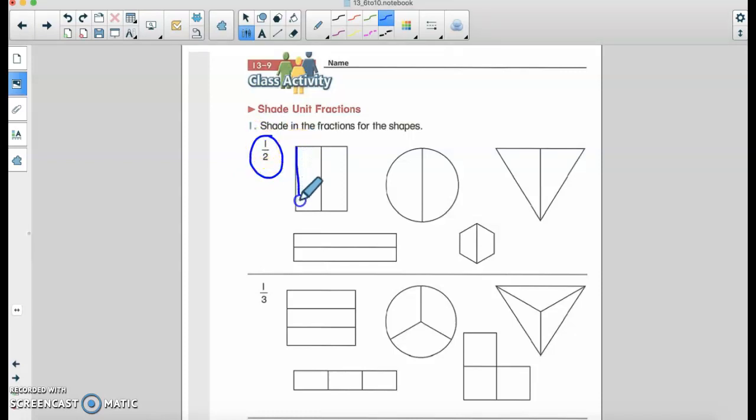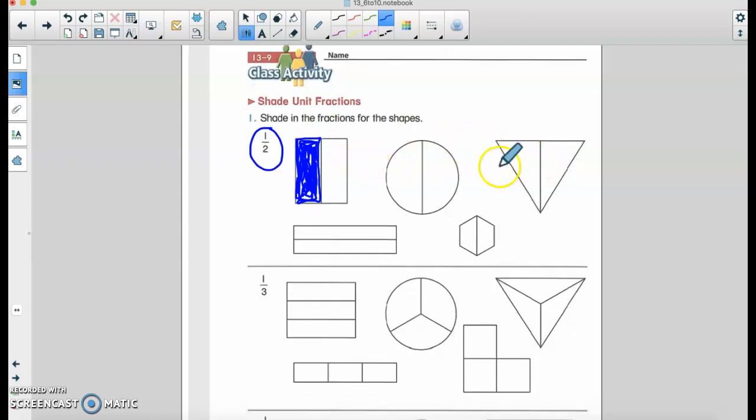So you're going to very carefully, I'm going to try my best to make it look really nice, because if we go out of lines, it's a little hard to tell. So I'm going to color in 1/2 of this one, and same with all of these shapes.